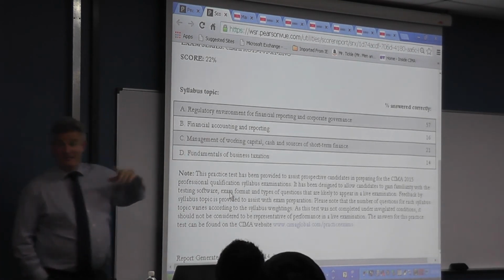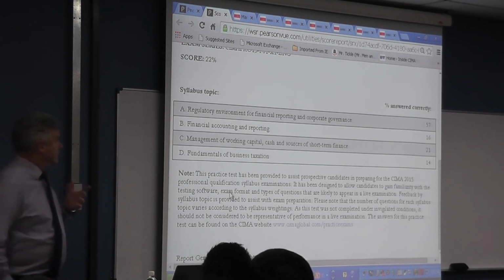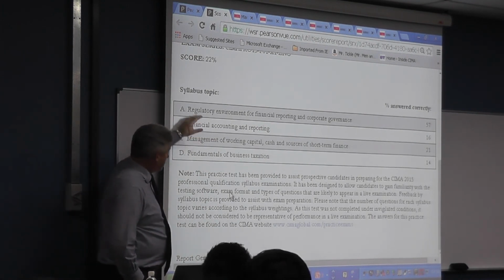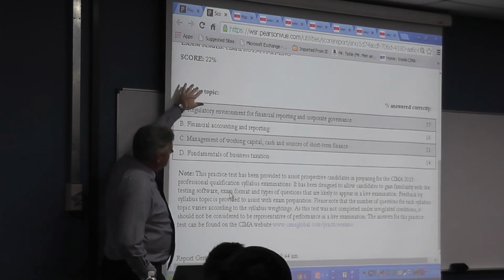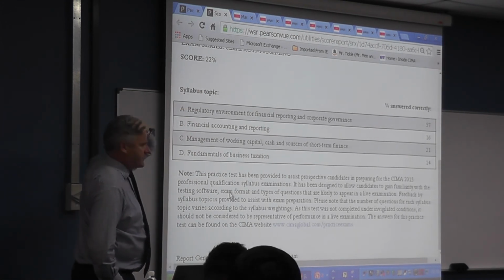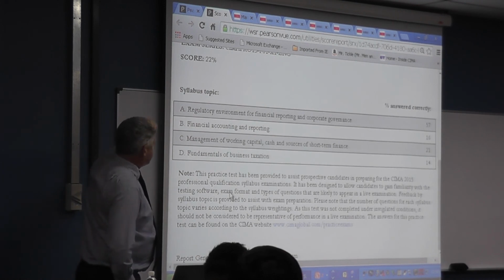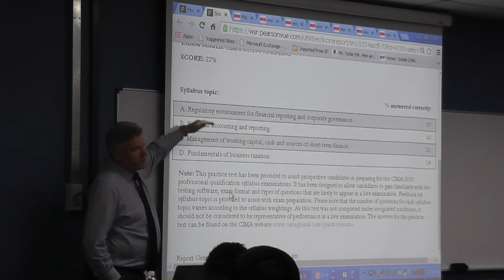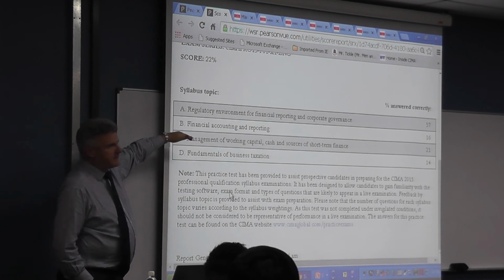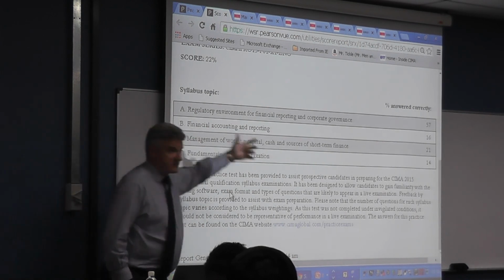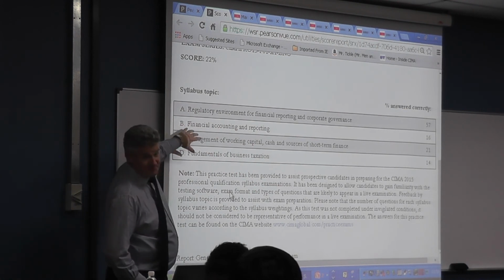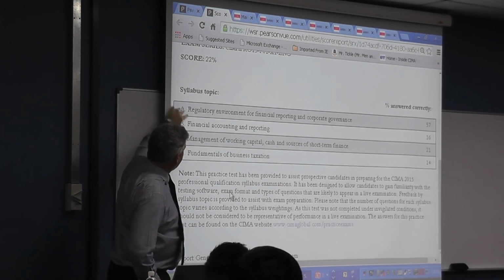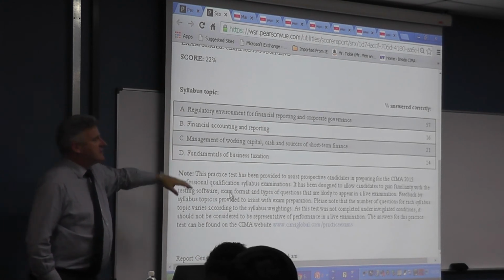And the important bit for you, even in the practice exams but obviously in the live exams, is that it doesn't matter what happens on the score, whether it's a pass or a fail that's given. It's telling you where your strengths and weaknesses lie. So if I have to retake, I better do a little bit more in all 4 syllabus topics.